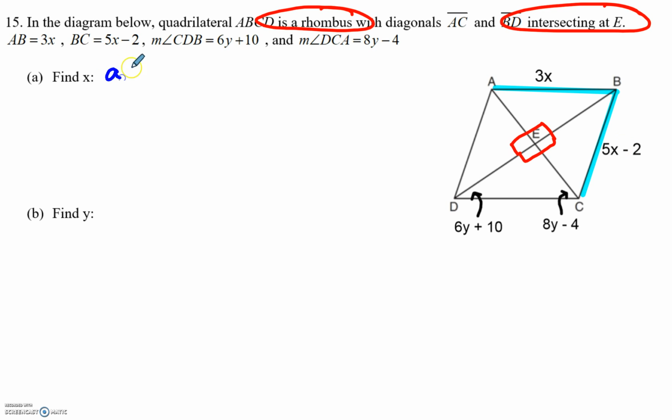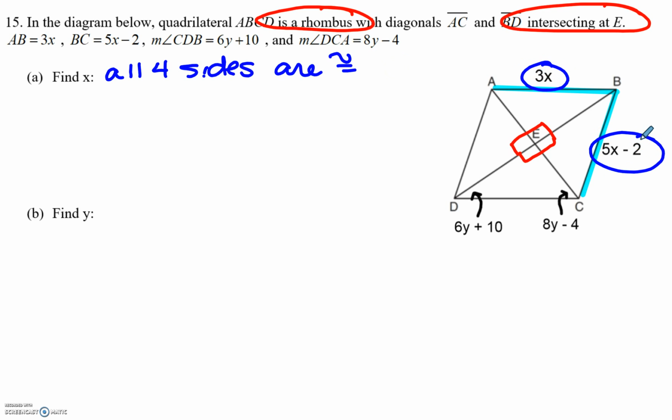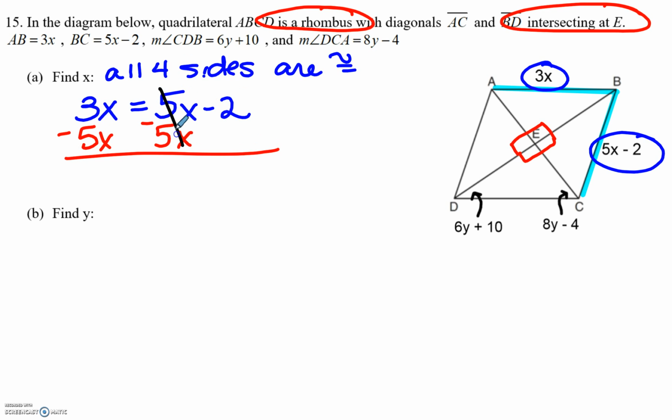We know that all 4 sides are congruent in a rhombus, which means this side right here is equal to that side, so we could set each expression equal to each other. 3x equals 5x minus 2, and from here we're just going to solve. So I'm going to subtract 5x, subtract 5x, that cancels out.